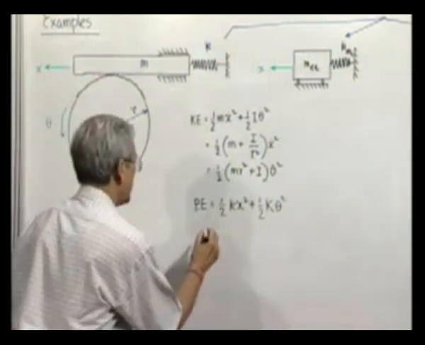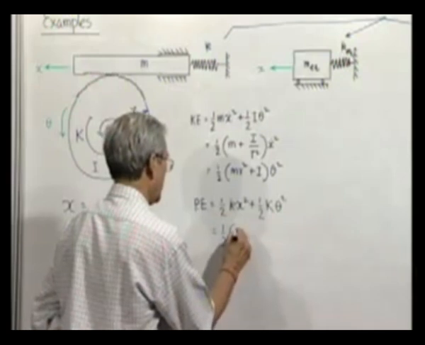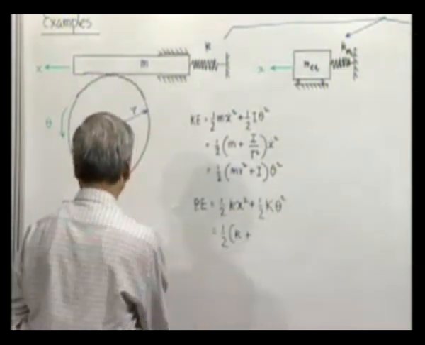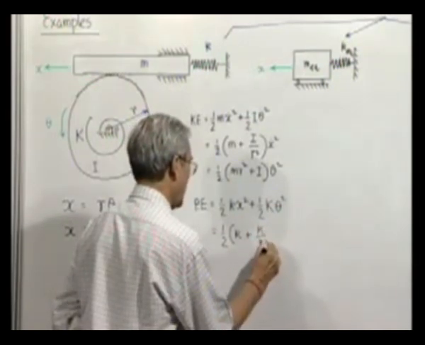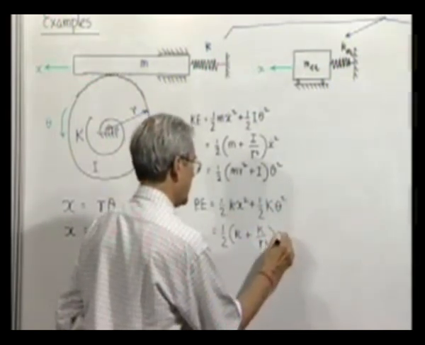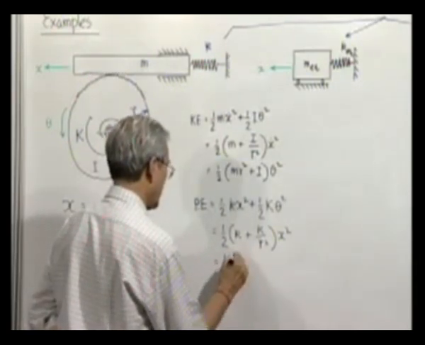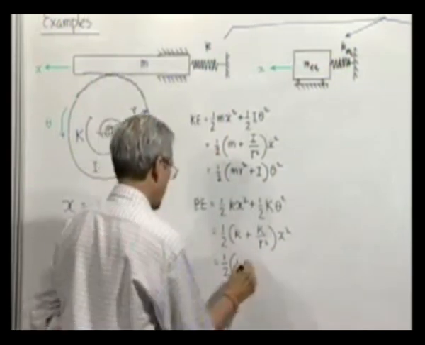Now, using this relation we can write it like this: half k plus capital K by r square times x square, since theta is equal to x by r. Or you can also write this as half k r square plus capital K times theta square, since x is equal to r theta.